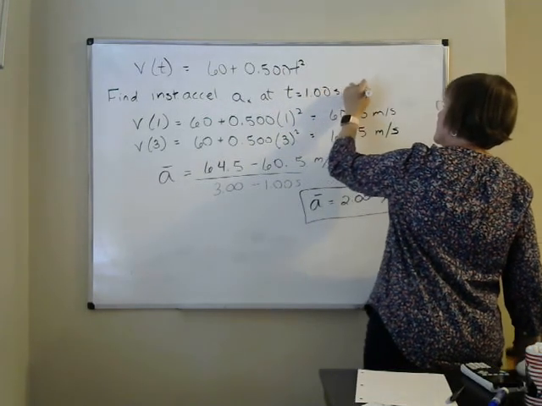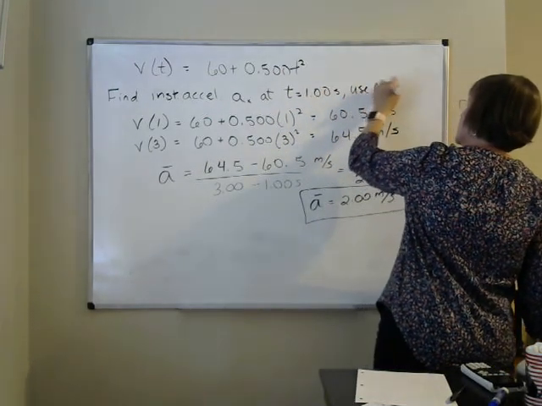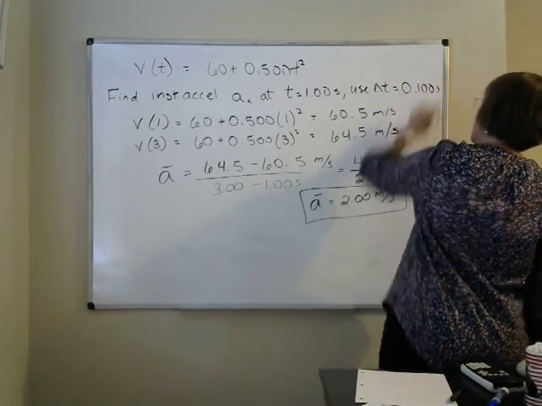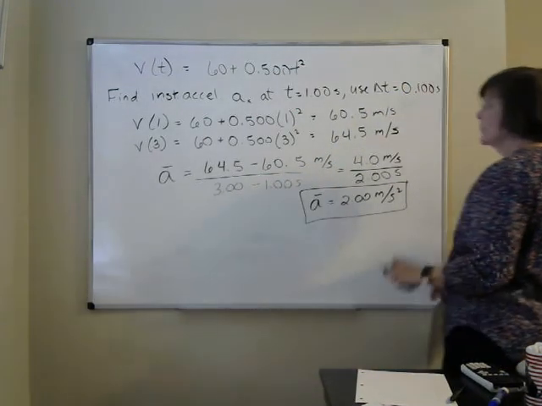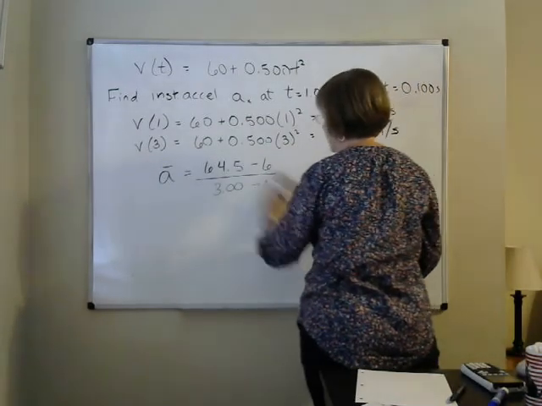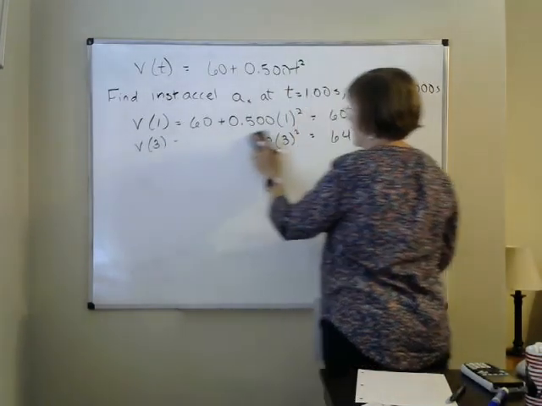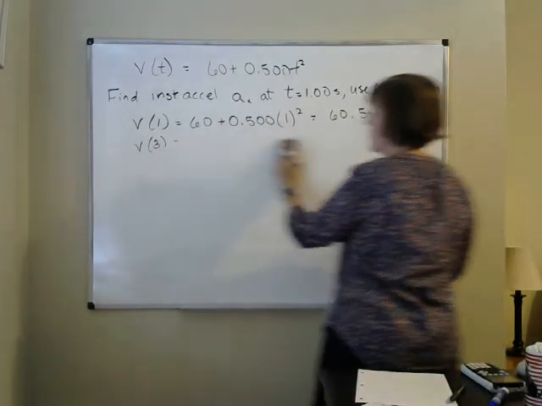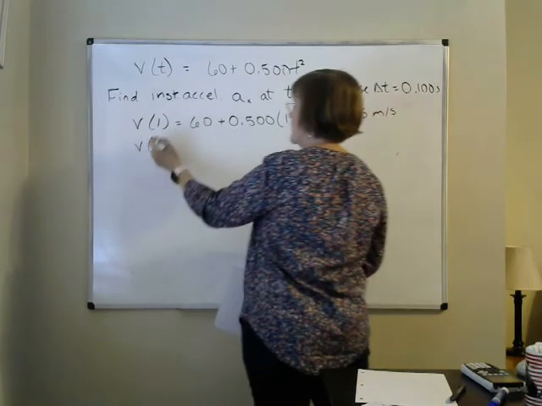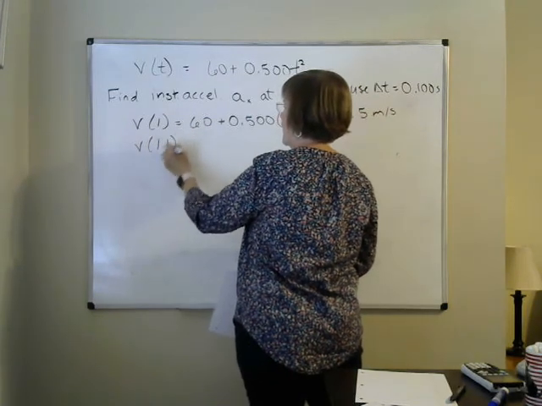And I'm going to use delta t is 1/10 of a second. So I'm going to make my time interval pretty small, just 1/10 of a second. Well, that means I need to find my velocity 1/10 of a second later. I know my velocity at 1 second. What's it at 1.1?